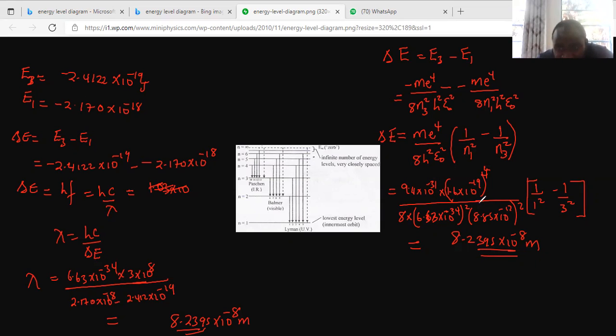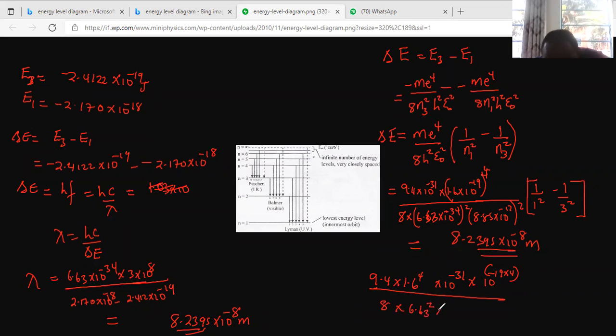This is what I mean: 9.11 times 1.6 to the power 4 times 10 power negative 31, then divided by 8 times 6.63 squared times 10 power negative 68 times 8.85 squared times 10 power negative 24.